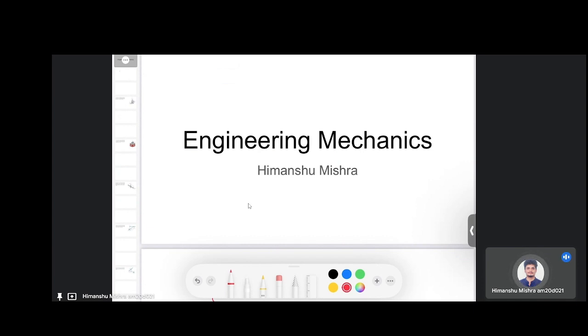I will start with equilibrium and the force and moment concept in a rigid body which is not moving, cover the whole static part, and then move to the dynamic part where I will discuss a few problems related to kinetics and kinematics. So it's basically solving a diverse set of questions in a single class.